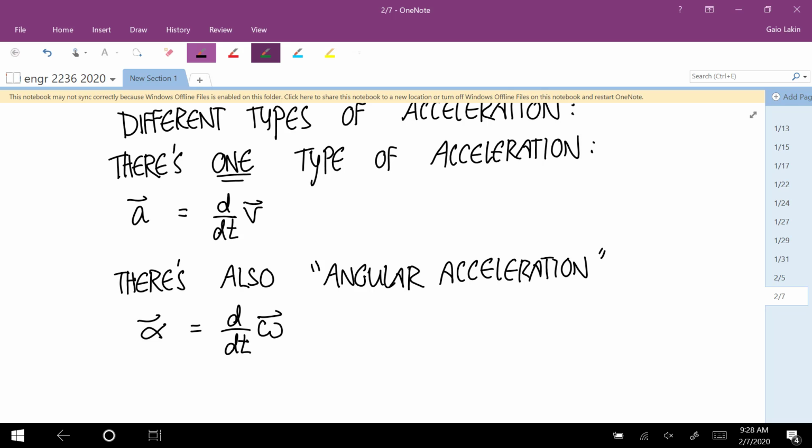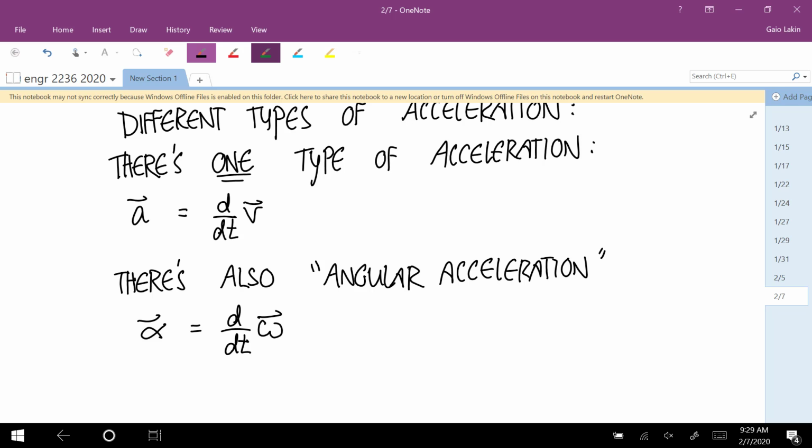Okay, actual acceleration doesn't know anything about orientations of objects. It's just tracking a point around. Angular acceleration is changing orientation, and so the way you do that is you figure out how much that angle is changing over time, and you take time derivatives, and that's the value.